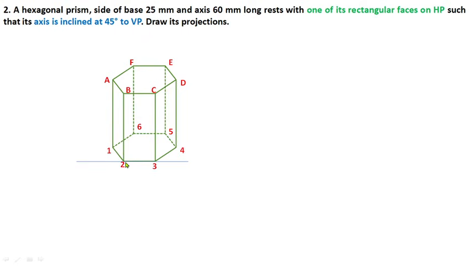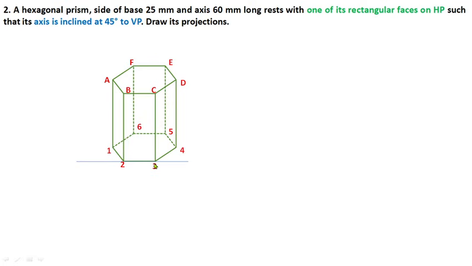In the previous video we discussed longer edges on HP in the pentagon. While the longer edge is on HP, we came to a conclusion that one corner will touch XY, because the longer edge is on the corners. Now, being a face, if you are saying one of the rectangular faces, the edge must touch XY.